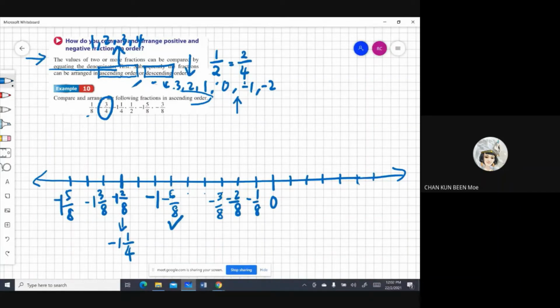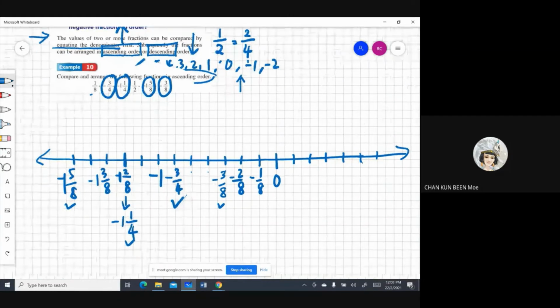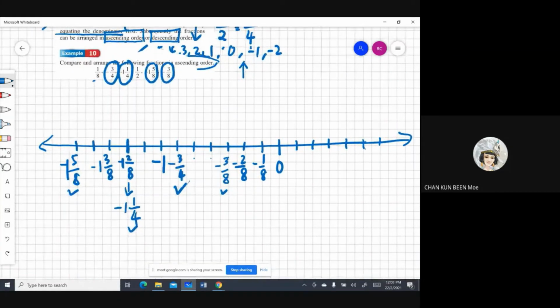But then we have to replace it, so negative 6 over 8 becomes negative 3 over 4. And then we have negative 1, 5 over 8, negative 3 over 8, and negative 1, 1 over 4, which is equal to negative 1, 2 over 8.